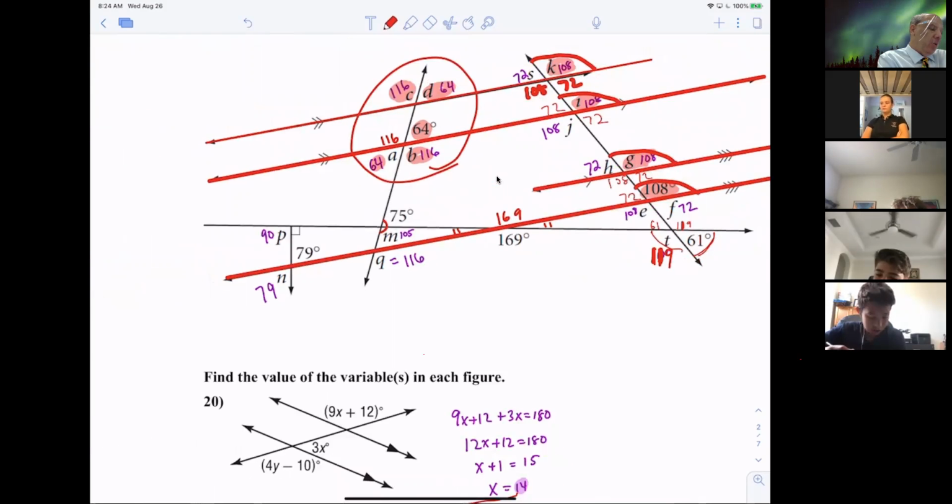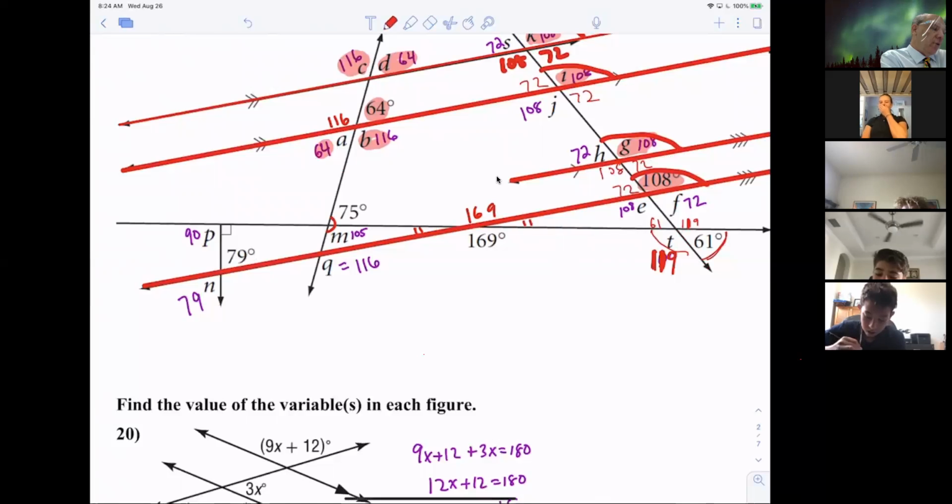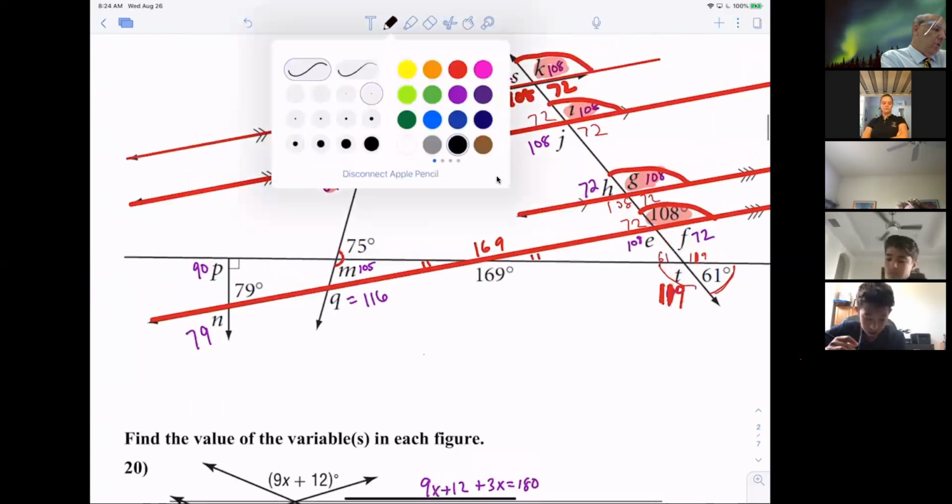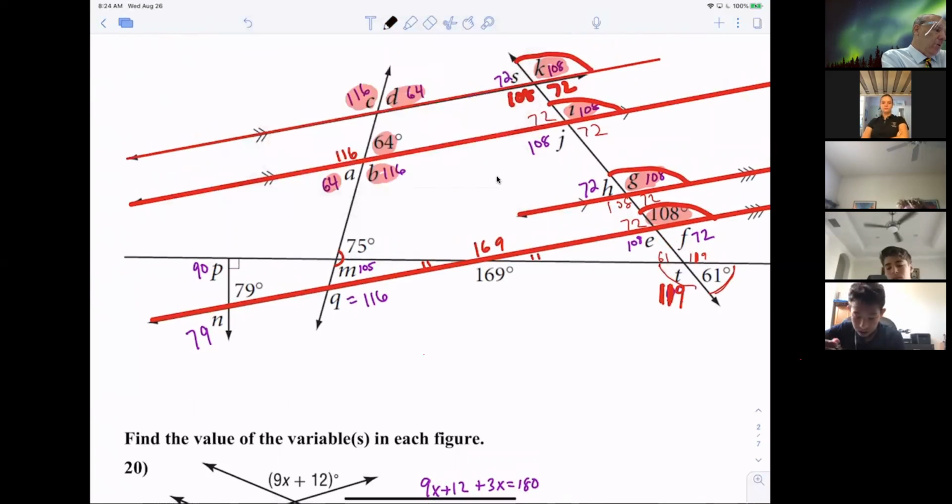Okay. So now you have to understand this. I'm going to try to erase that. This transversal right here, stay with me now. This transversal right here, now, the only thing I know, well, we did the 116/64 for all of those.